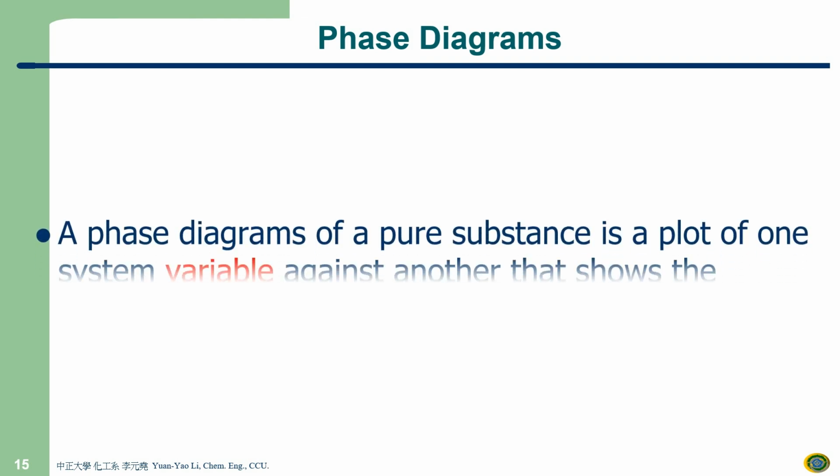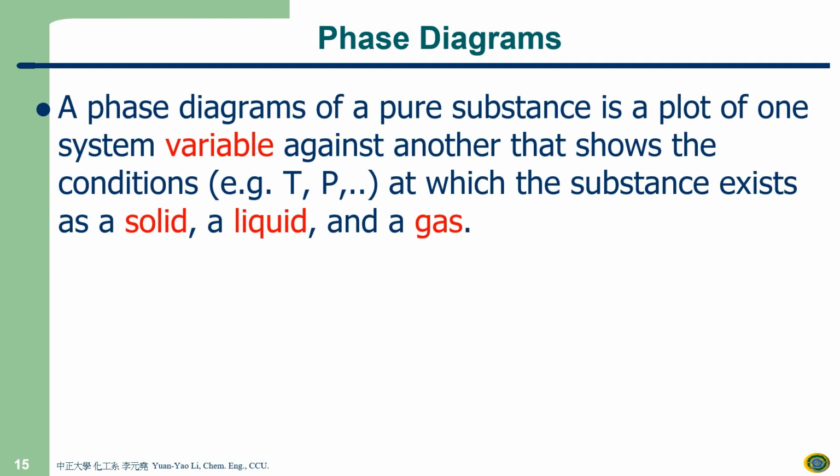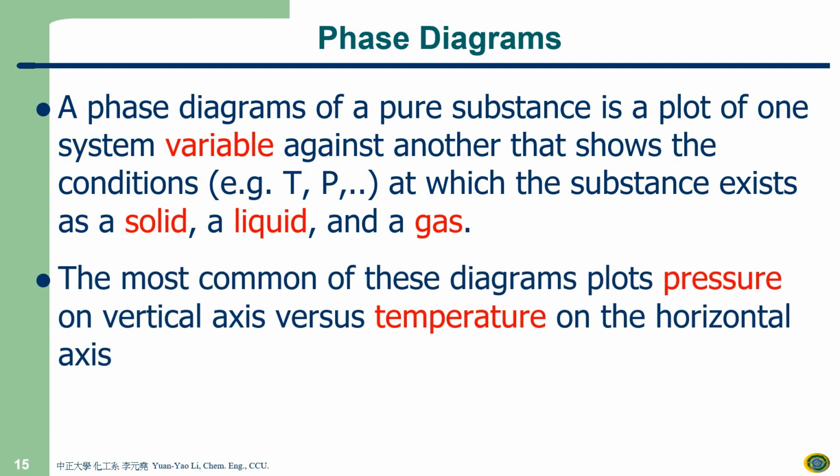Okay, what is a phase diagram? A phase diagram is a diagram of the pure substance. It's a plot of one system variable against another that shows the conditions, for example temperature and pressure, at which the substance exists as a solid, liquid, and gas. Right? So the most common of these diagrams plot pressure on the vertical axis versus temperature on the horizontal axis.